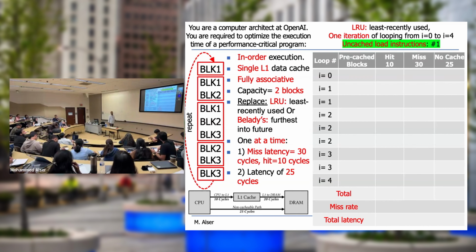Remember, when the cache is full, you have to use least recently used. Since the cache fits only 2 blocks, then we just replace the block that we didn't use in the previous instruction, basically.